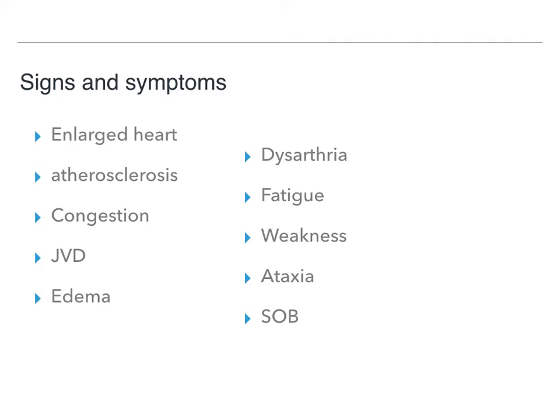That's the difference I noticed. Maybe there is a causation of atherosclerosis in the alcoholic, but not that I saw. Congestion, JVD, edema, simply the same ones as previously.